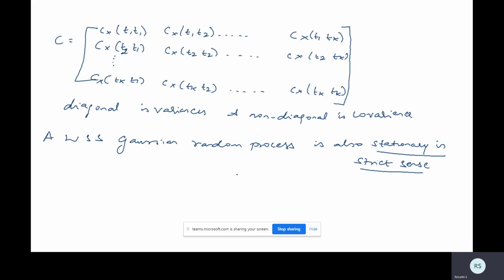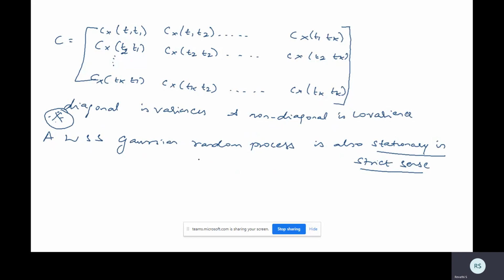We have to verify everything. Strict sense stationary means it is stationary in all the orders. So we cannot just say that if it is wide sense stationary, it is also strict sense stationary for a normal random variable. But this is a very important and unique property in Gaussian random processes.